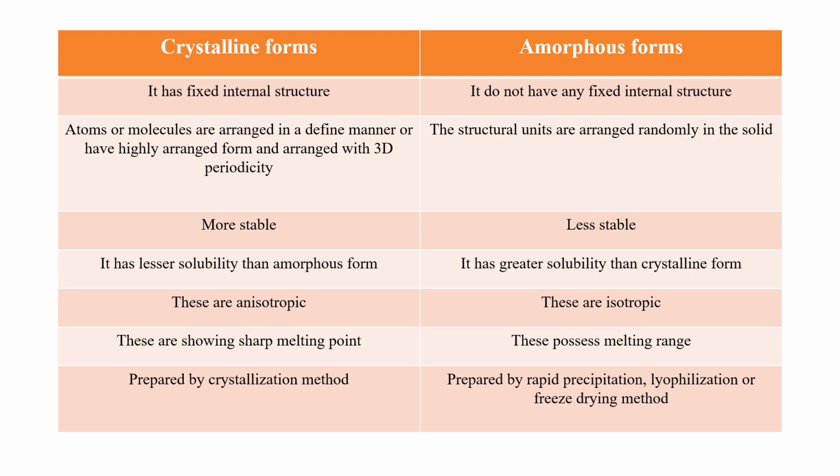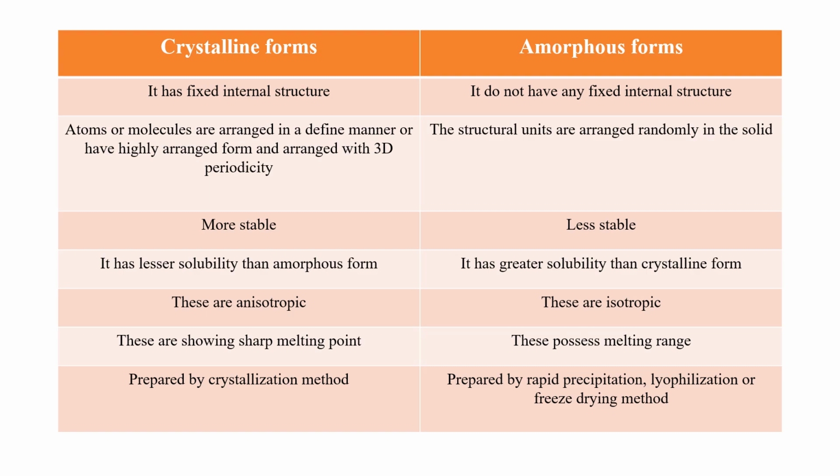The crystalline forms are more stable than the amorphous form, but the amorphous form is less stable than the crystalline form. The crystalline form has lesser solubility than the amorphous form, but the amorphous form has greater solubility than the crystalline form.